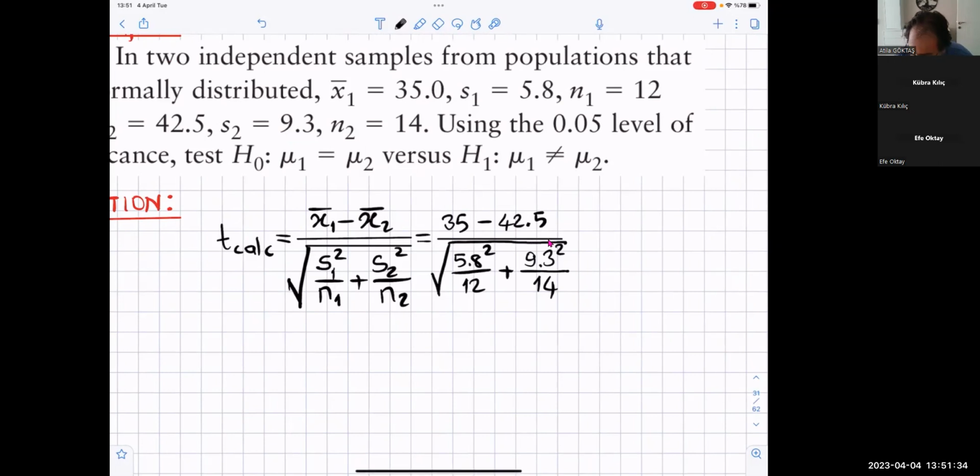Performing the calculation of 35 minus 42.5 over the square root of 5.8 squared divided by 12 plus 9.3 squared divided by 14, my result is minus 2.5026.